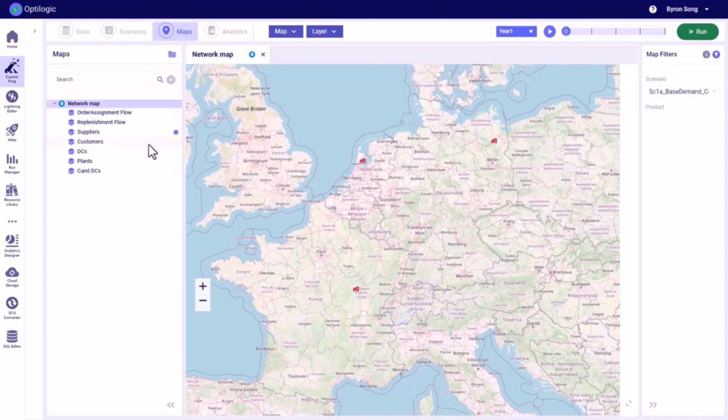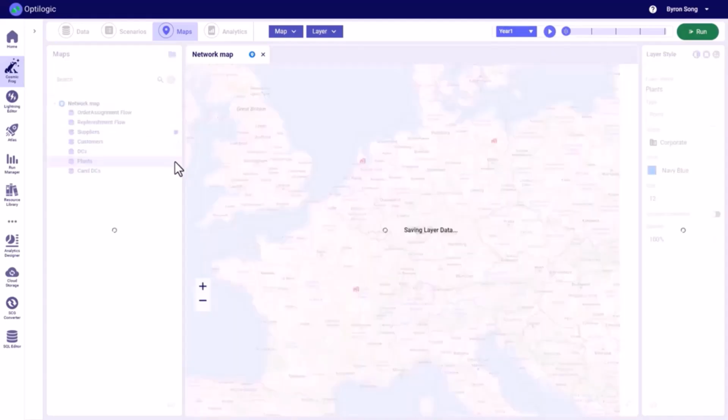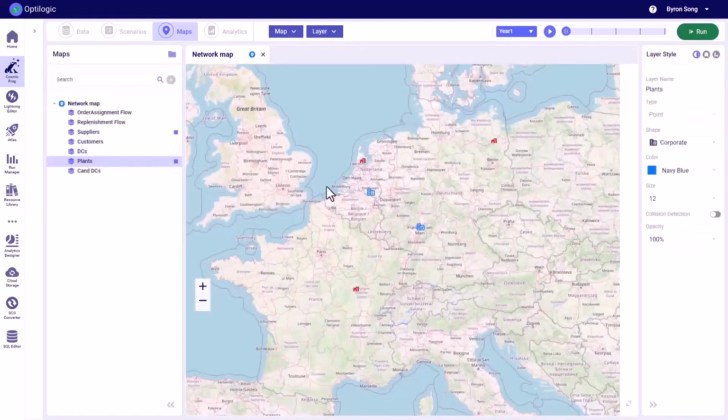The suppliers will be supplying the 2 plants we have in the network, in Belgium and in Germany. So the first business question we're going to be exploring is whether the current production capacity is going to be sufficient for the growing demand, and if we need to make an investment to expand the production capacity.